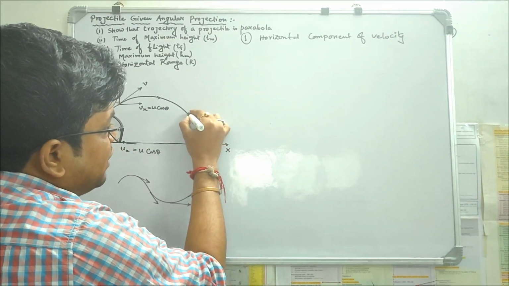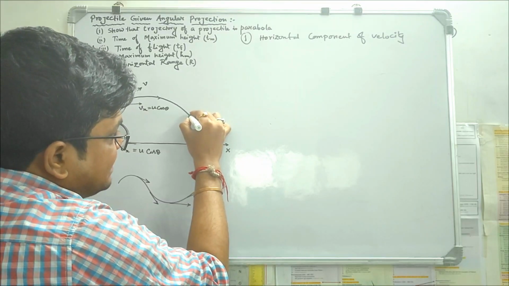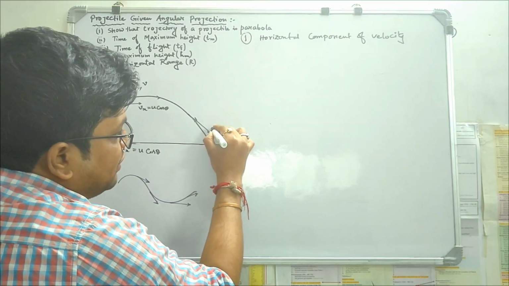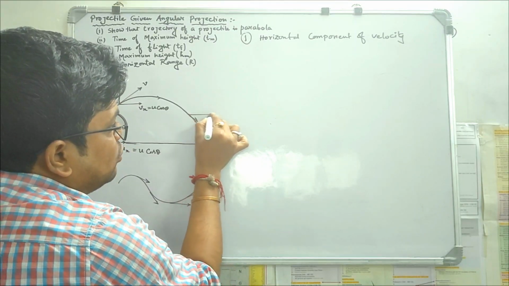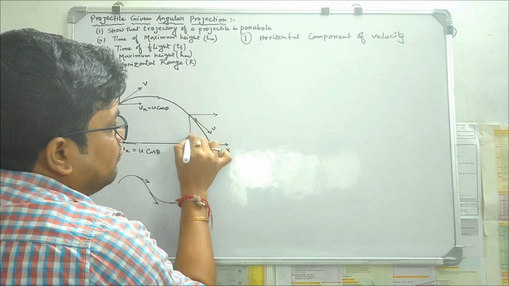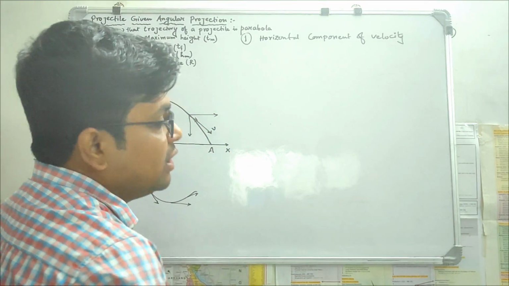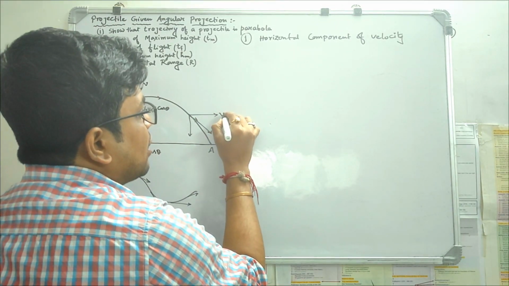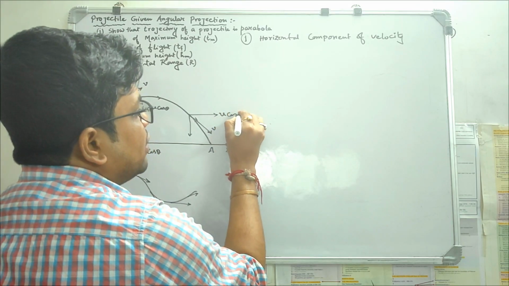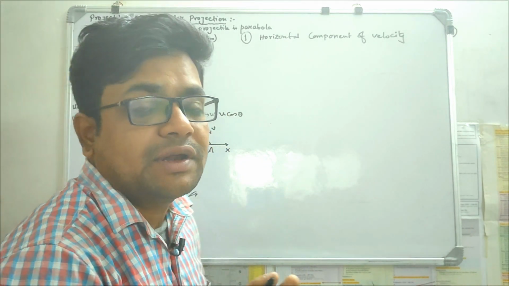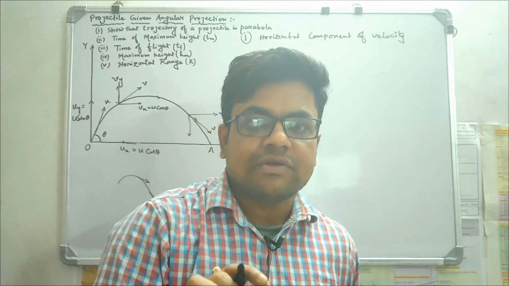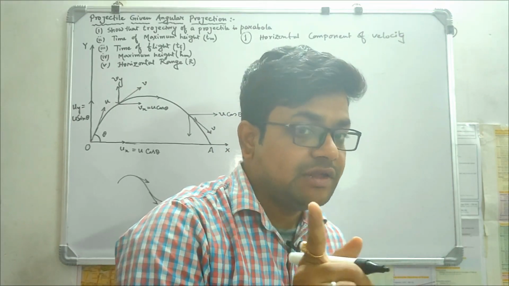Even if the object is over here, if we draw the tangential direction of velocity v and do the component division of vertical and horizontal components, here the horizontal component is still u cos theta. Remember, u cos theta always remains constant. Please remember that.